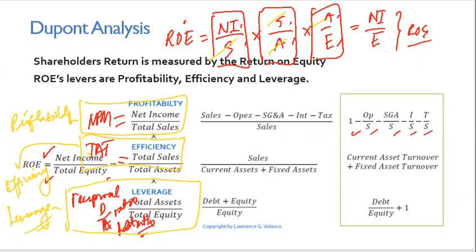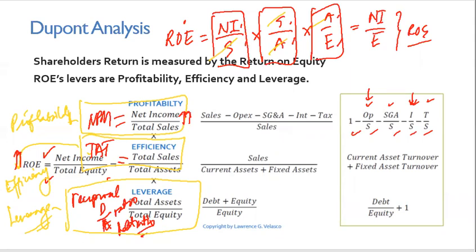Right? So for you to improve profitability, you improve these ratios. Operating OPEX over sales. If you lower this, then it increases this, which increases ROE. Okay? If you lower interest expense, it increases net income, increases ROE.